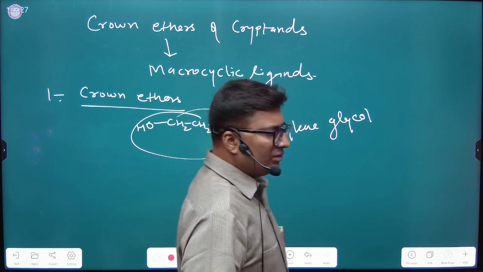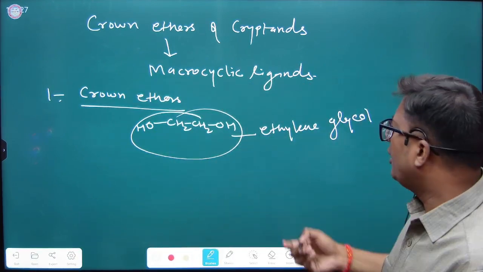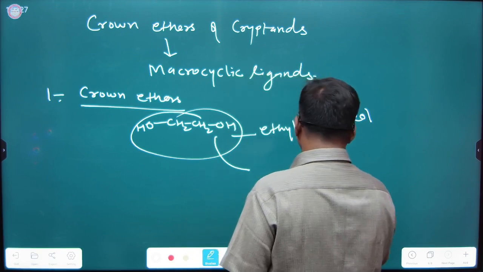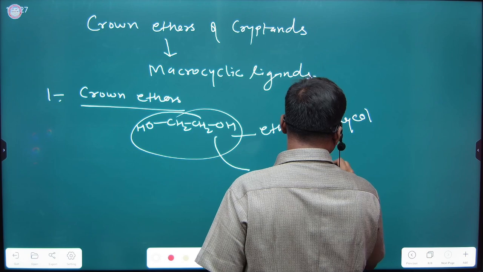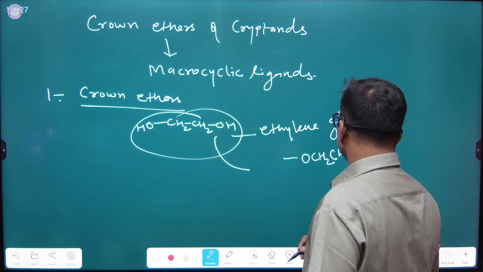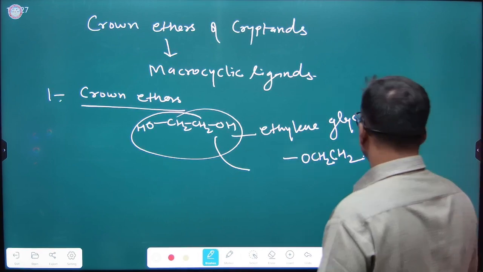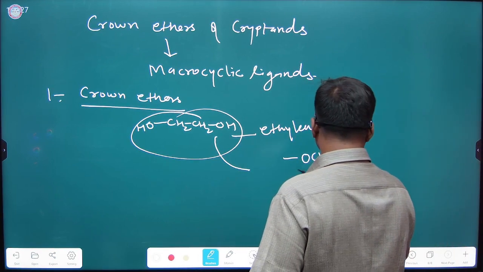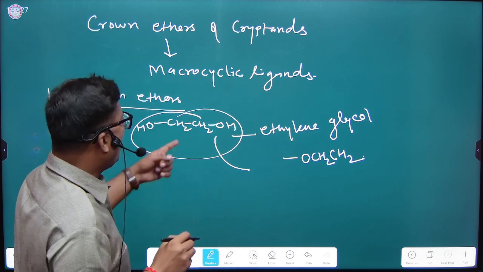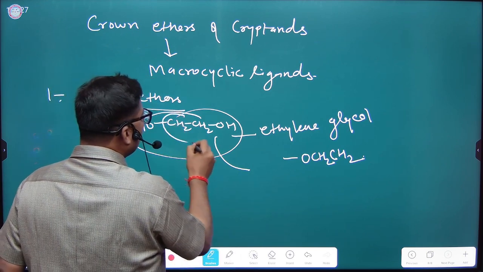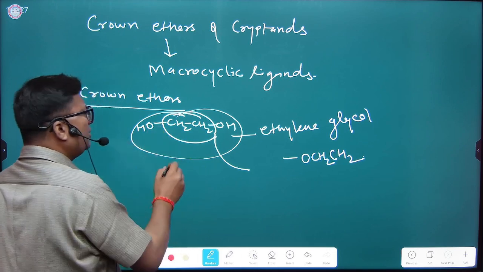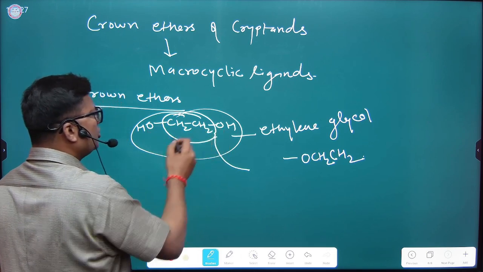This ethylene glycol gives an ether group, OCH2CH2, because of the presence of two hydrocarbons CH2 CH2 and an oxygen atom, and at the other end also an oxygen atom.